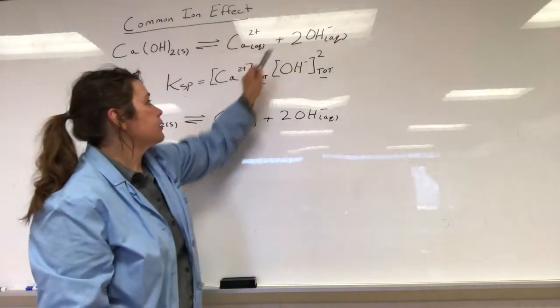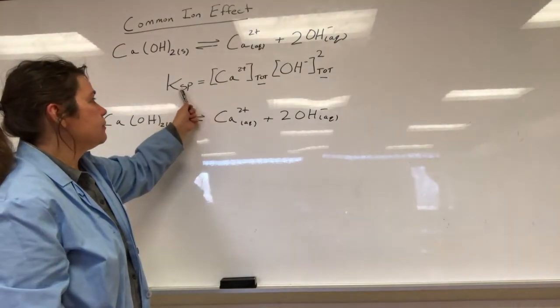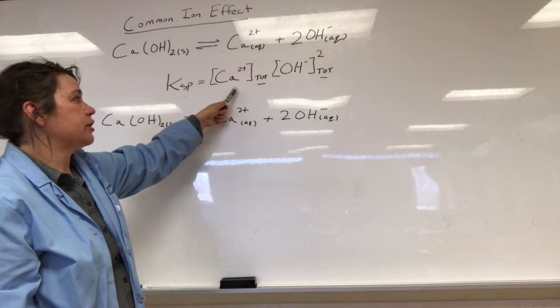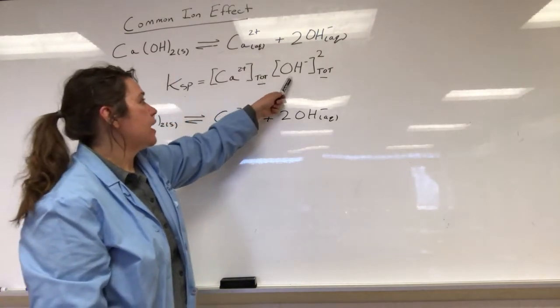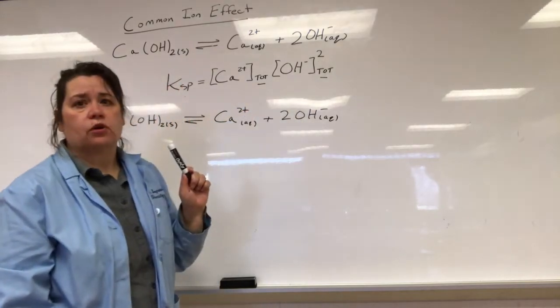We take products over reactants, but the reactant this time is a solid. So the Ksp expression for this reaction would be the calcium concentration in the solution total, no matter the source, and the hydroxide concentration squared, the total amount no matter the source.